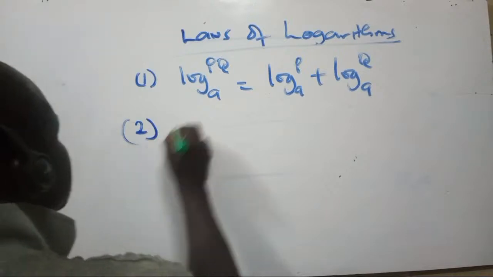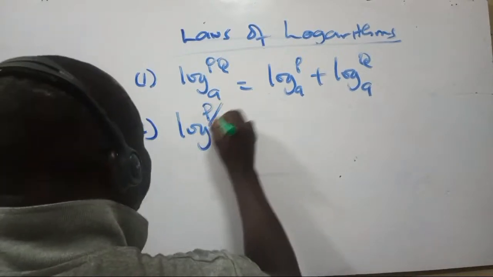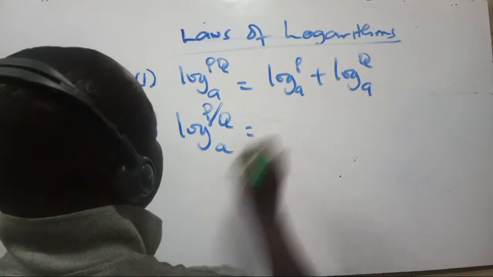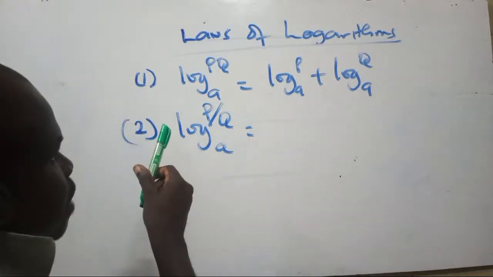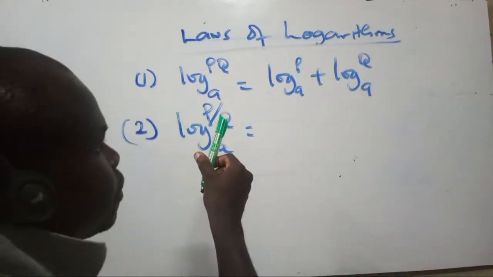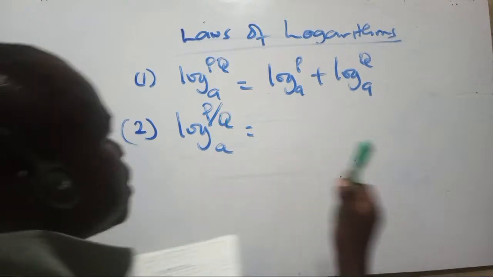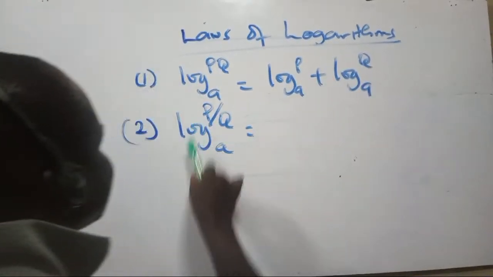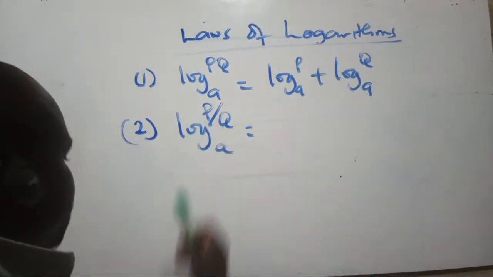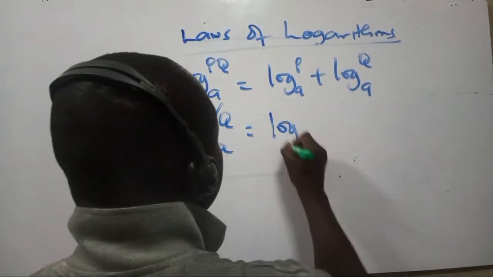Then the second law says that when we have log of p divided by q base a, the first law is talking about multiplication, so that by the time you split it, it becomes addition. And this second law, where we have division, log of p all over q, the law says that you can have it to be log p minus log q.